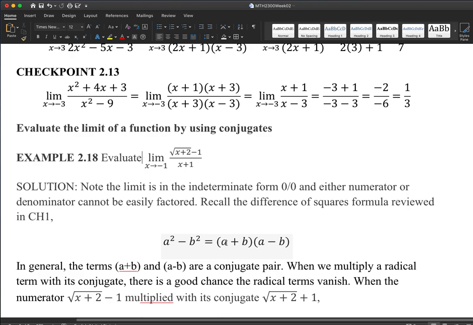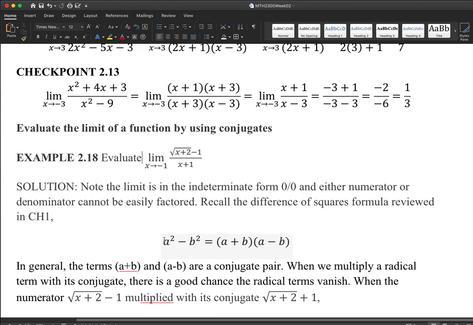In particular, if we multiply the conjugate pair together, it generates the formula for the difference of two squares. Especially if we have radicals, when you have a square root squared, it will cancel. The square root will vanish.